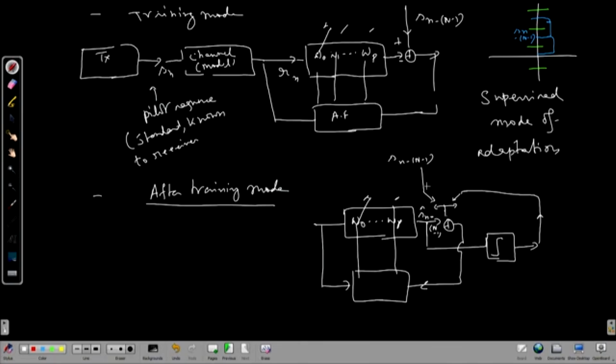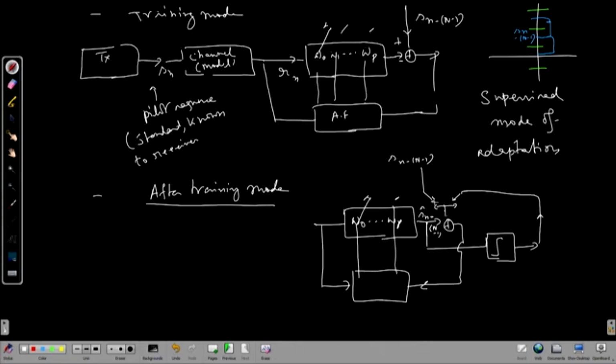So, what happens is already what was discussed here. This is my stored sequence, delayed version. This is taken as a supervisor, that is training sequence. That minus the filter output. Filter output is a good estimate of this, because that minus the filter output is the error. That error variance is minimized by this adaptation loop, and I get a good estimate of this. That is fine. That happens during your training mode.